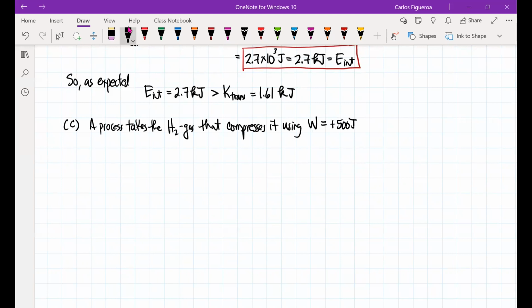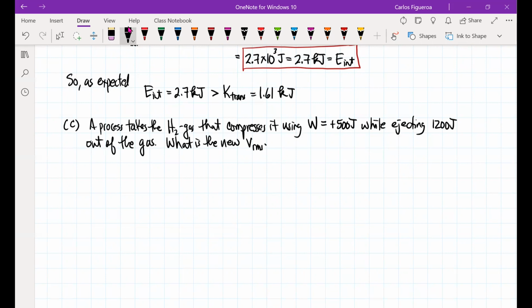It's going to speed it up, while ejecting 1,200 joules out of the gas, and it goes into the environment. So what is the new VRMS value?